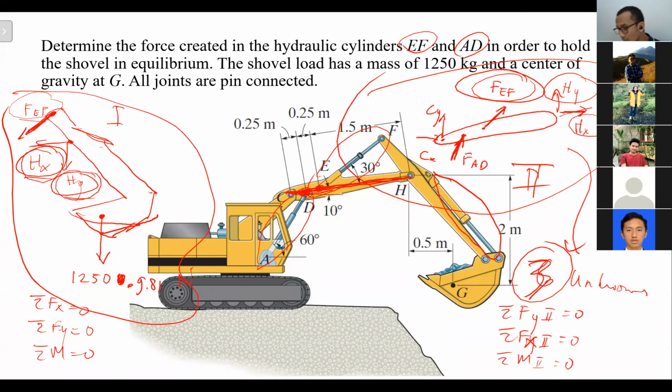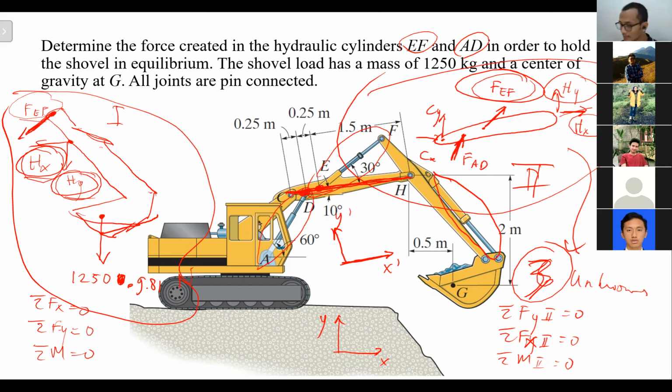Yes, sir. So actually you can use X and Y completely vertical and horizontal like this for Hx and Hy. But the easiest way is to create another coordinate which is slightly slanted, X accent and Y accent.